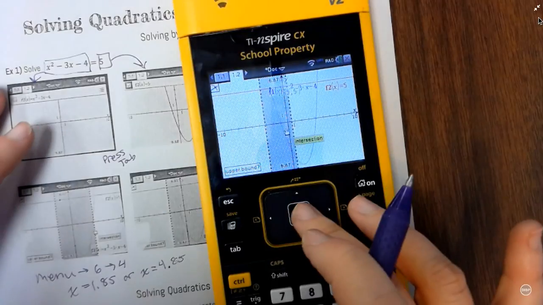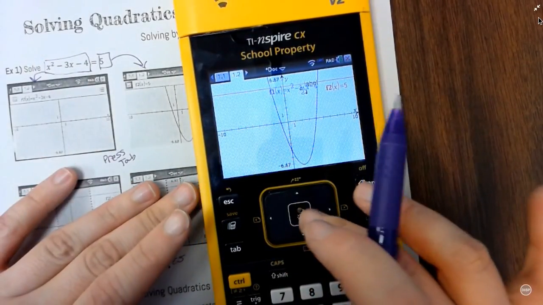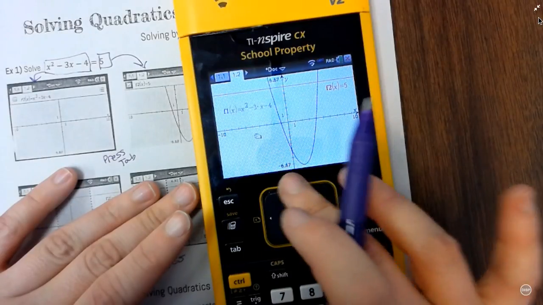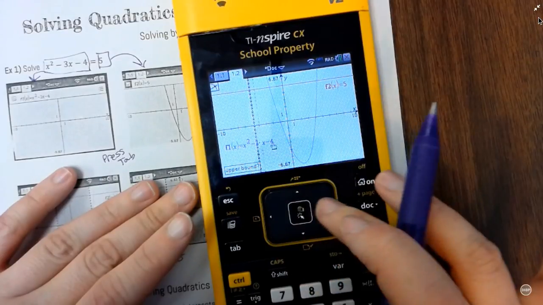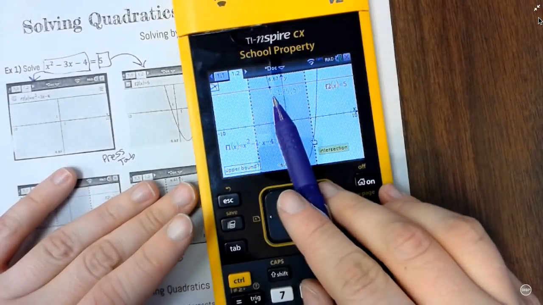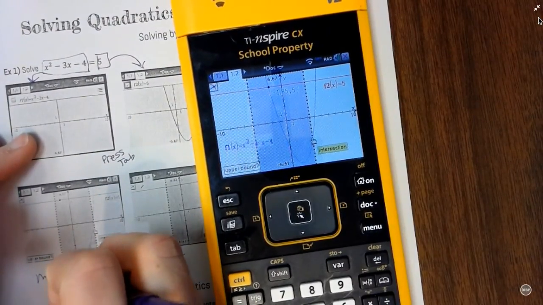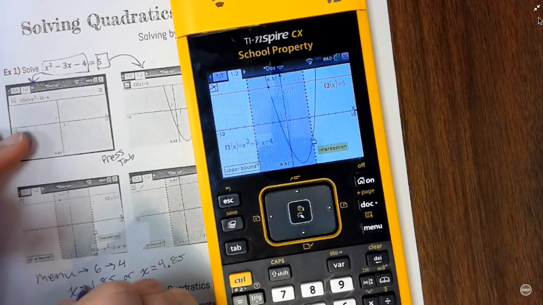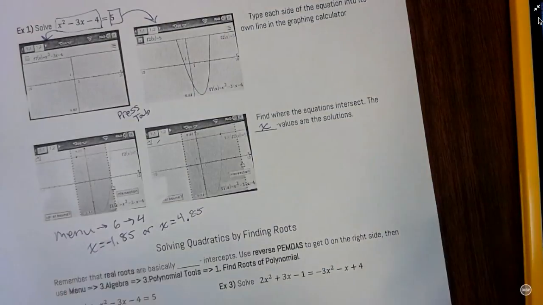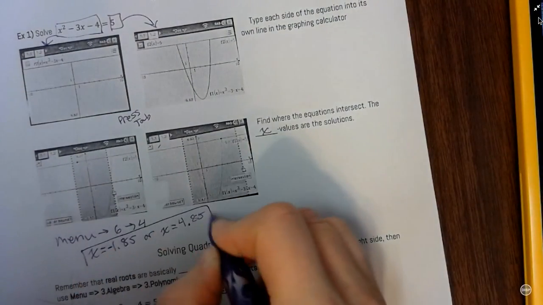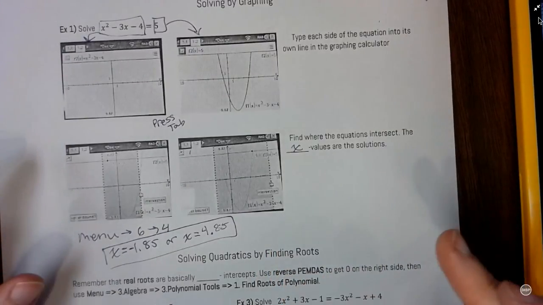You know what? I think that one's a negative. What you may want to do, which I should have done, is scoot that out of the way so you can actually see. So let me do menu 6, 4 again. And now we can see better. So negative 1.85 is your first one. There you go. So those would be your solutions right there. So that's how to solve by graphing.